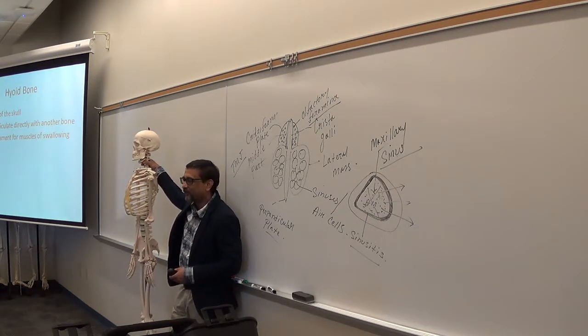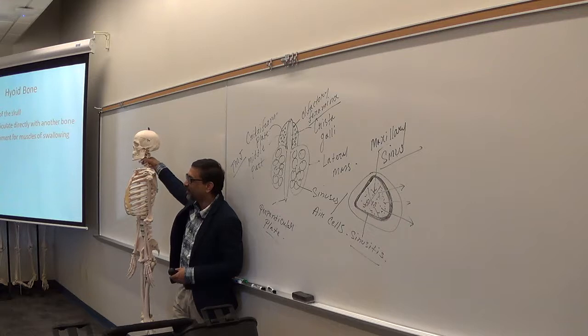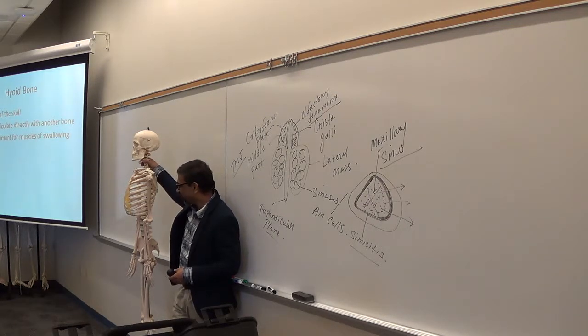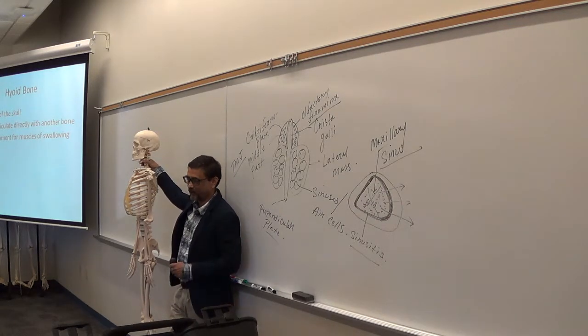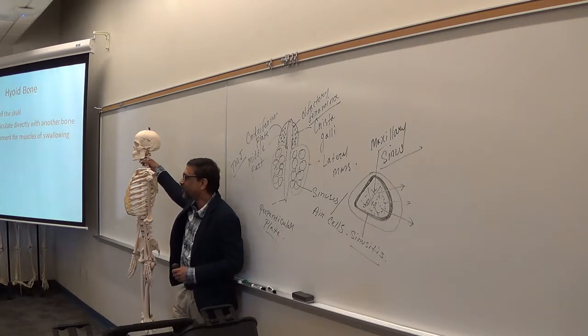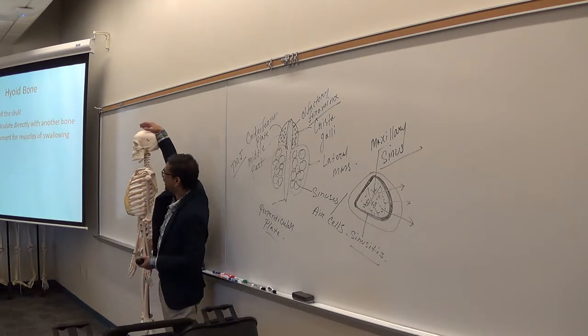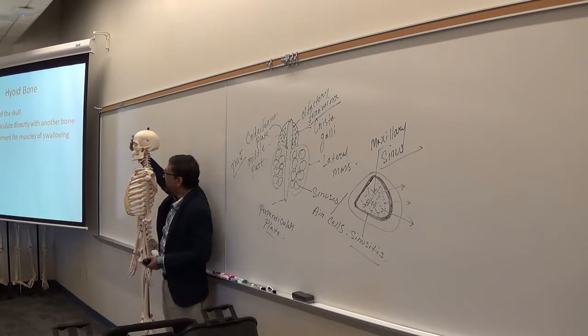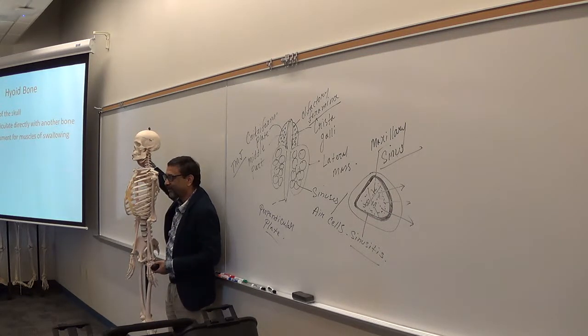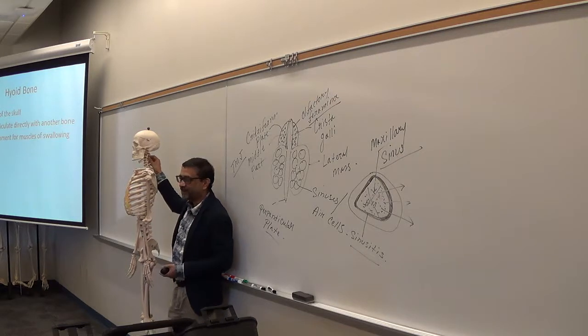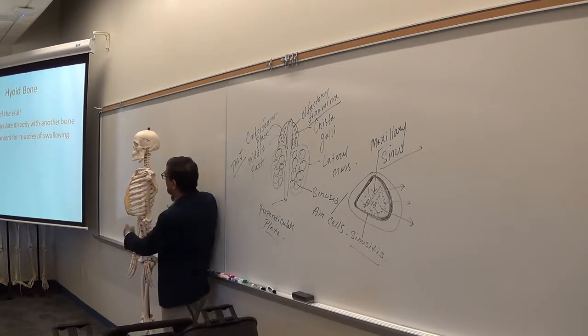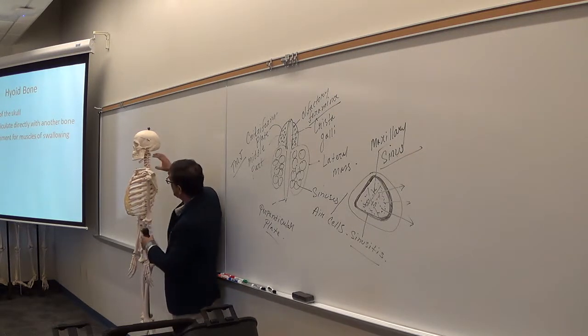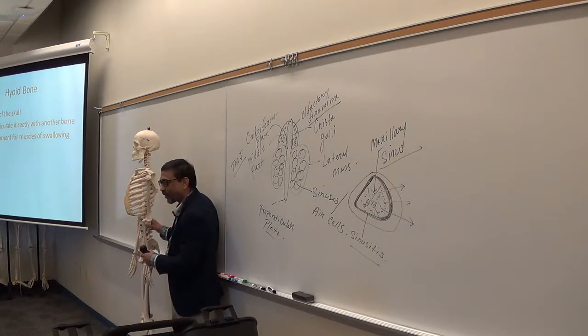Because nobody wants to include this bone in their group. Nobody wants to include him. Okay? So he is lonely. When we say cranial bones, we don't include him, right? When we say facial bones, did you include? No. When I say bones of the vertebral column, we include cervical vertebrae, thoracic vertebrae, lumbar vertebrae, right?